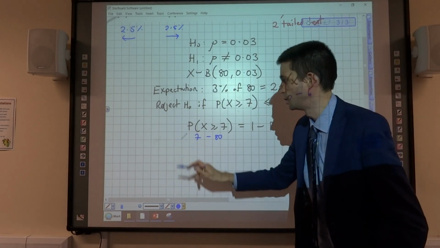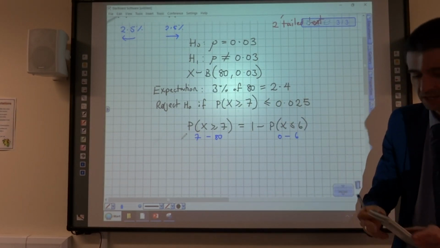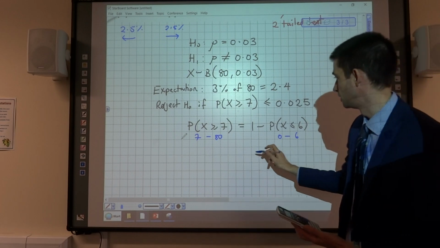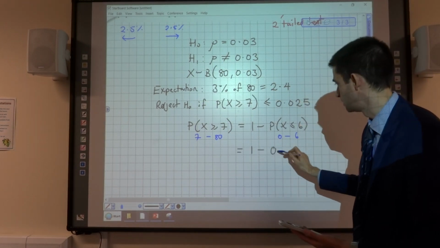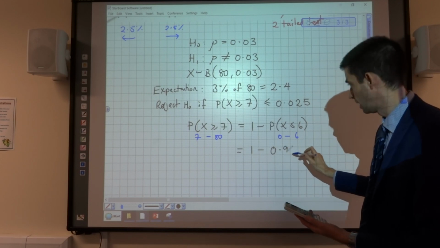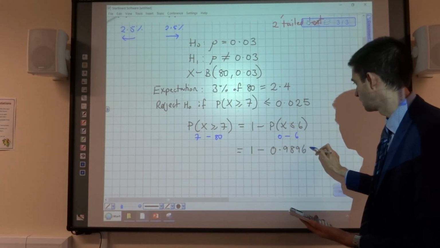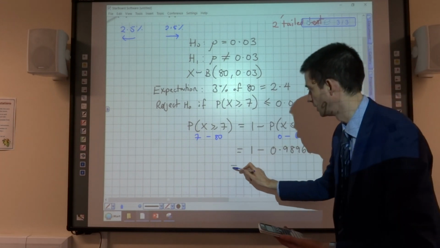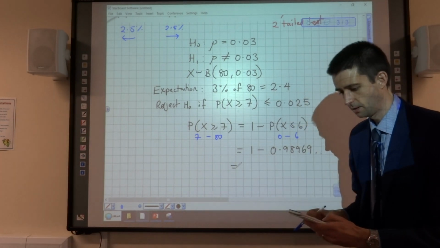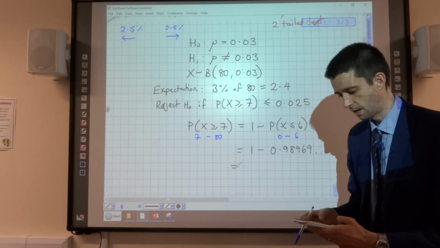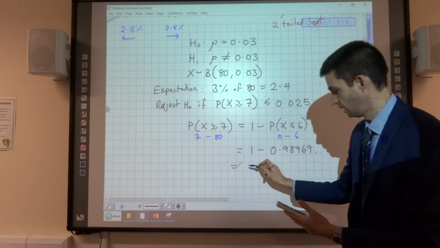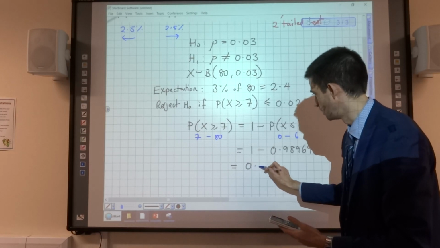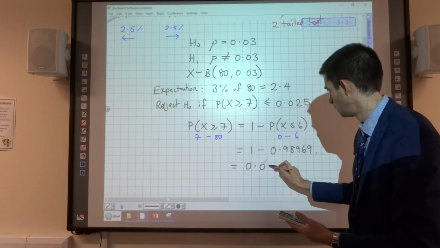Using the distributions function on my calculator, I've got that the probability of getting less than or equal to 6 is 0.9896. So what I'm going to do with that is store that value in my calculator using the alpha store and work out 1 minus from there, which is 0.0103.